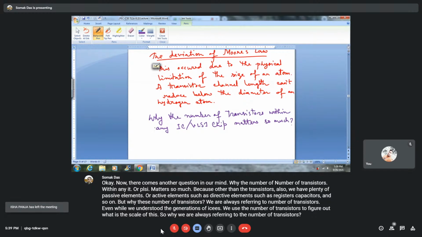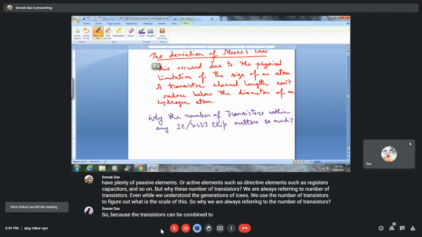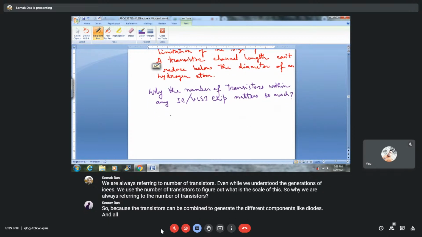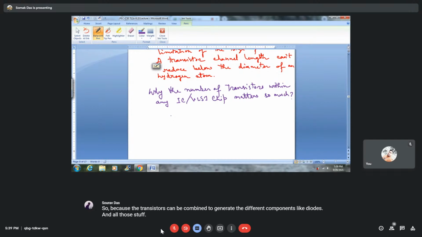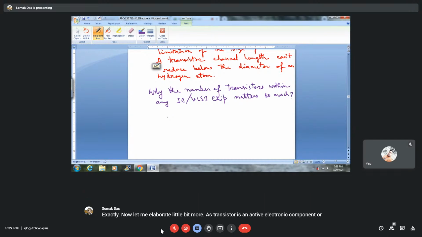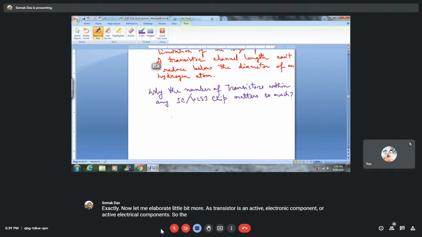Because the transistors can be combined to generate the different components like diodes and all those stuff. Exactly. Now let me elaborate a little bit more. As a transistor is an active electronic component, the power consumption of any integrated circuit depends on its number.